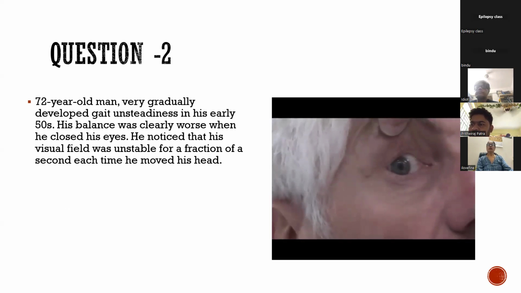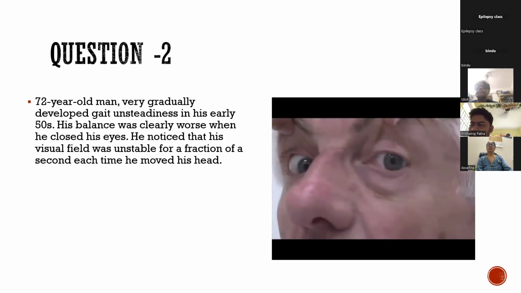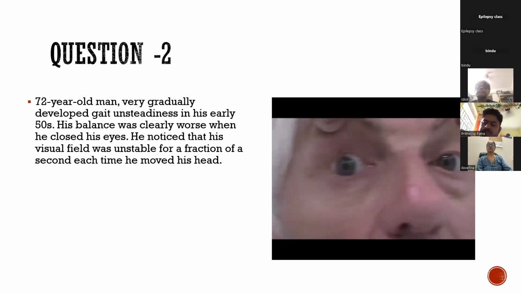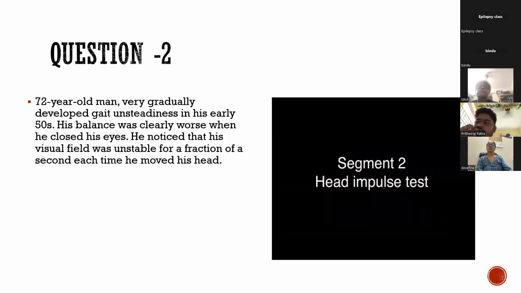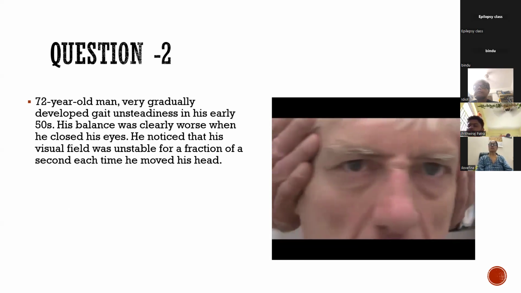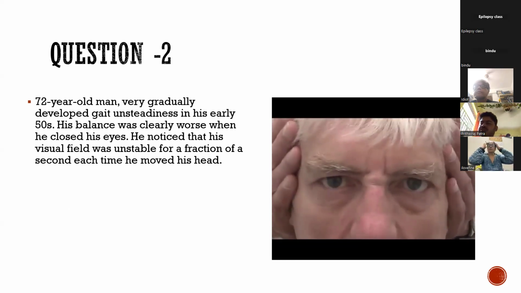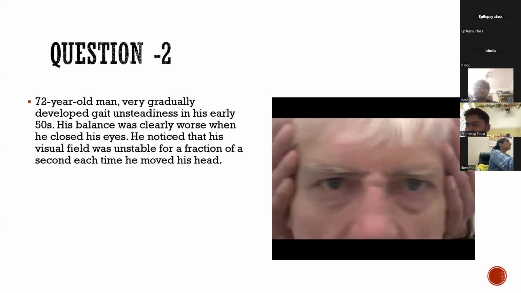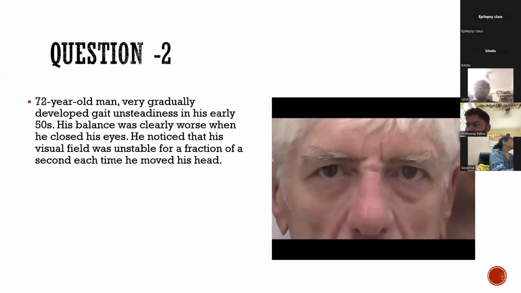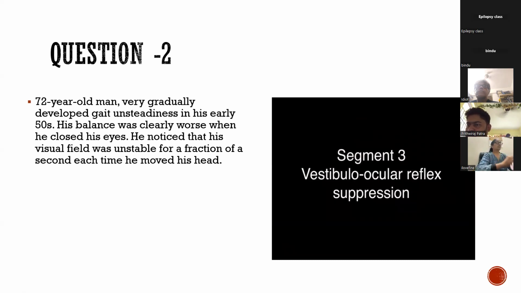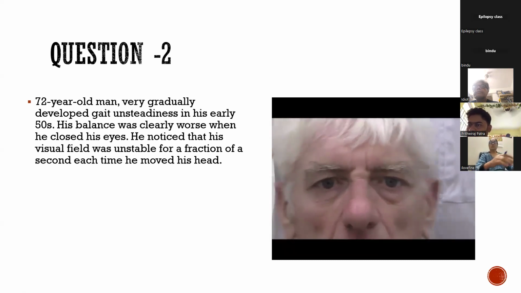So here, patient's visually enhanced VOR is checked. And in segment 2, head impulse test is checked. And in segment 3, VOR suppression is checked.